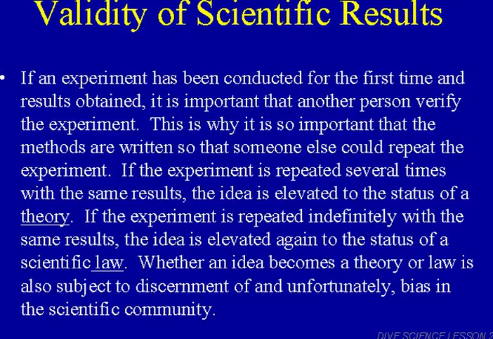And remember, we talked about verifying already. Verification means that somebody else repeats your experiment, or maybe more than one group repeats your experiment, and they see if they get the same results. That's why it's so important to have those methods written so that someone else could repeat your experiment.